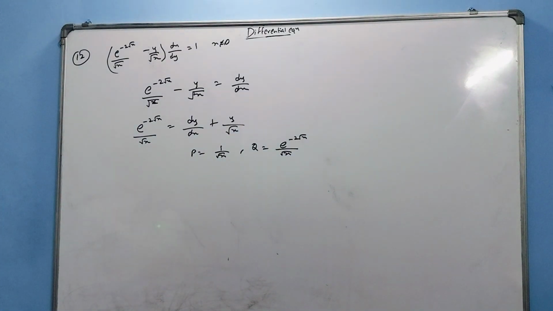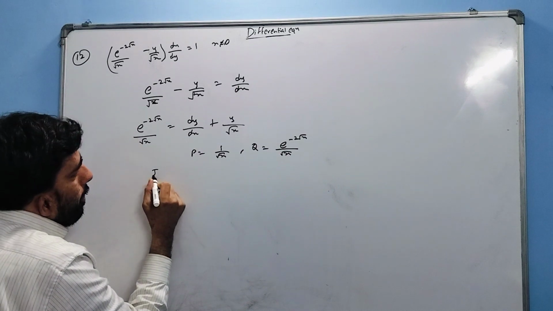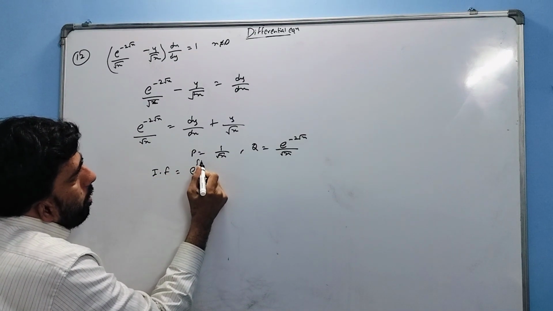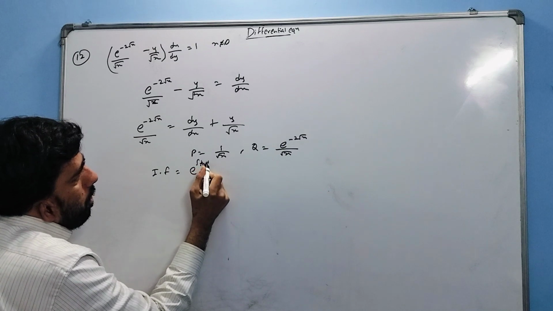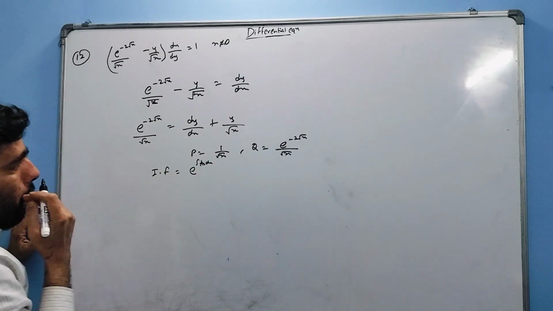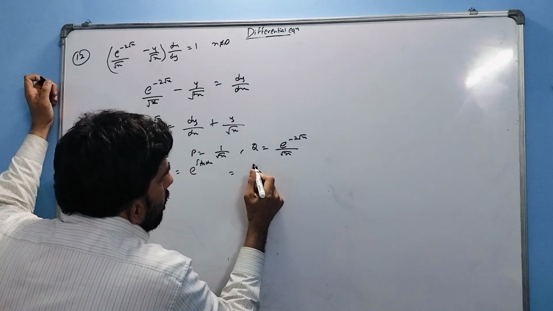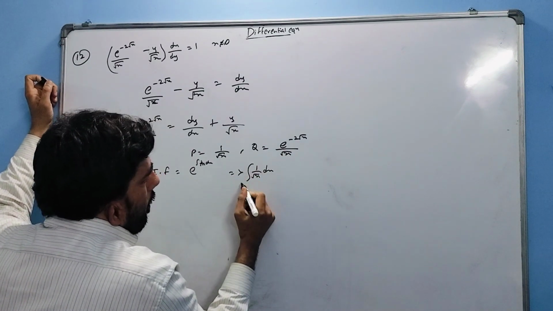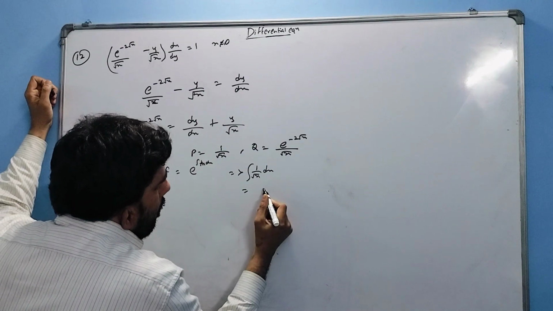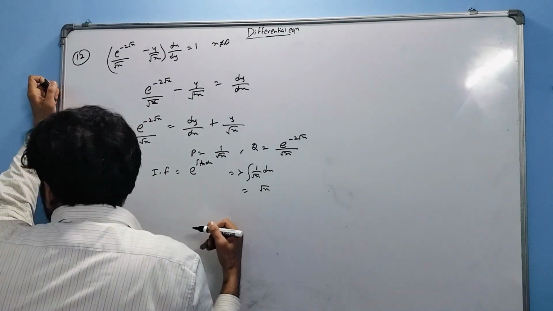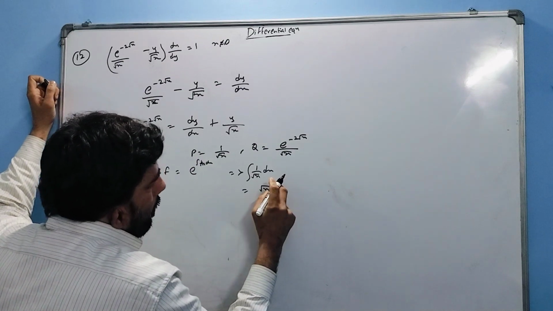First find the integrating factor, e raised to the power integral of 1 upon root x dx. So now if I try to integrate 1 upon root x dx, what I will get here is x raised to minus half plus 1, divided by half, so it will be 2 root x.